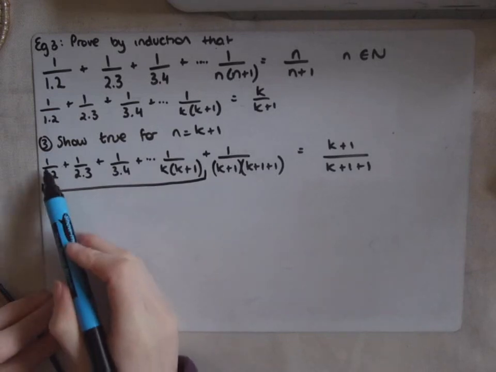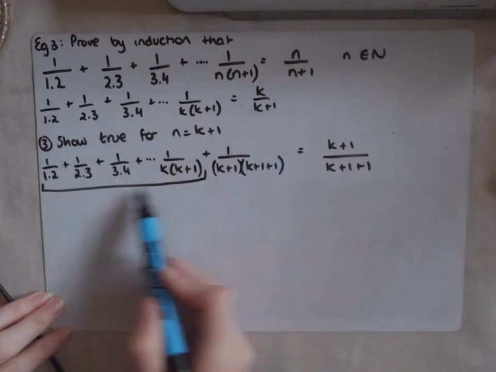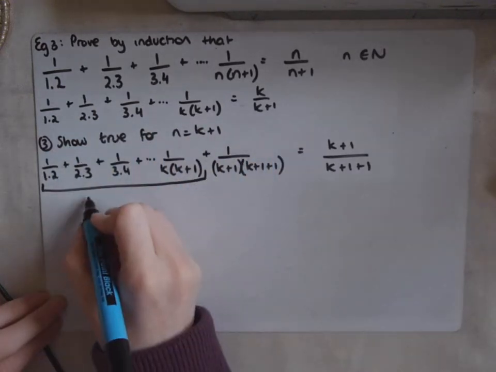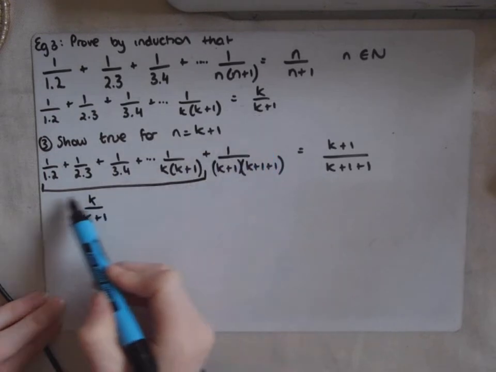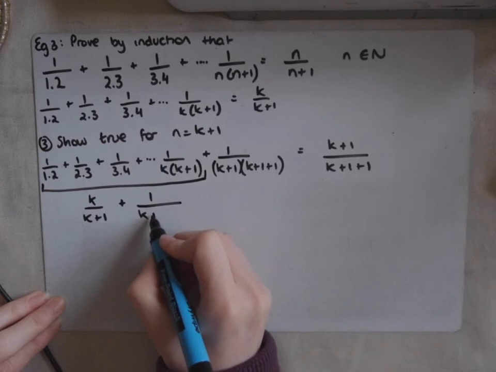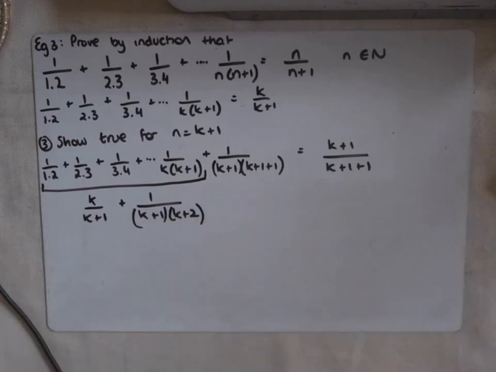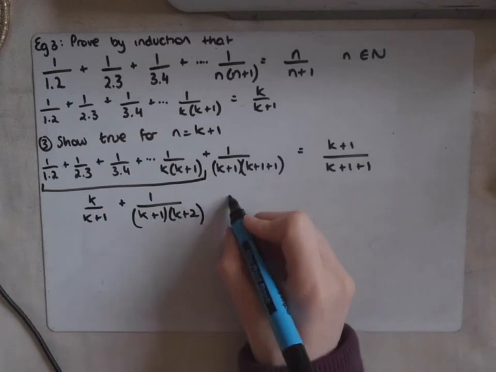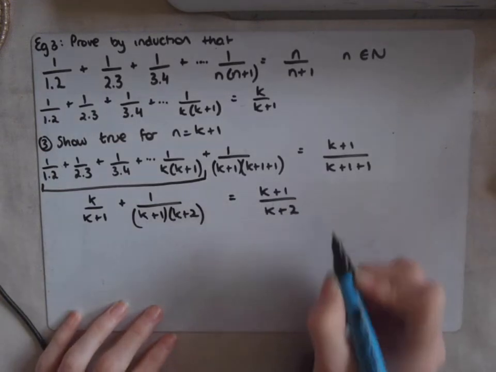So I know this thing here is the same as here, so instead of this I'm putting k over k plus 1, plus 1 over k plus 1 by k plus 2. Just tidying up a little bit there. And on the right hand side I'm just going to tidy up the tiniest bit.